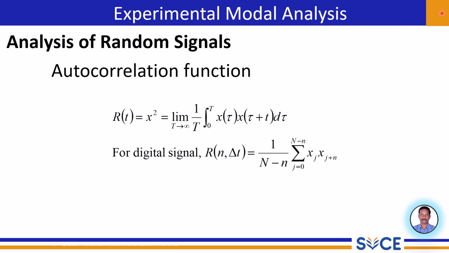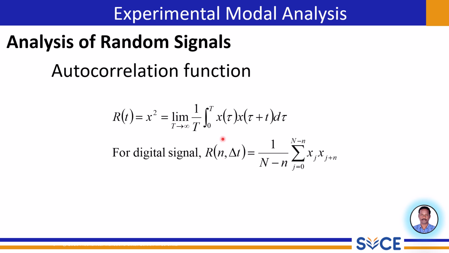So what does the autocorrelation function tell us? If a random signal contains periodic components, like a sine wave buried in noise, the autocorrelation function will also exhibit periodicity with the same period. This can help us detect hidden periodicity in seemingly random data. What is the strength of randomness?